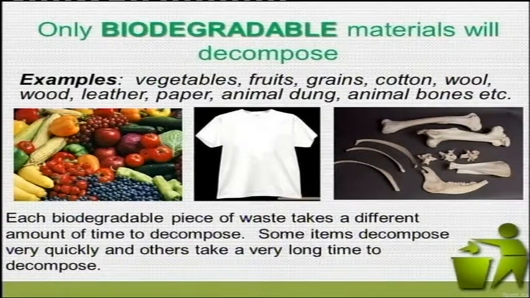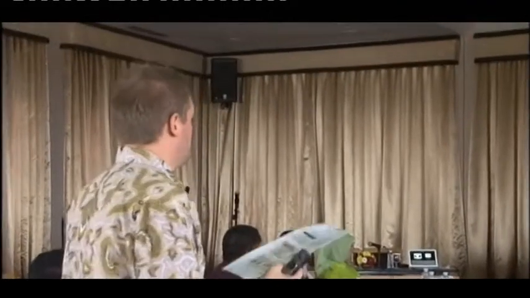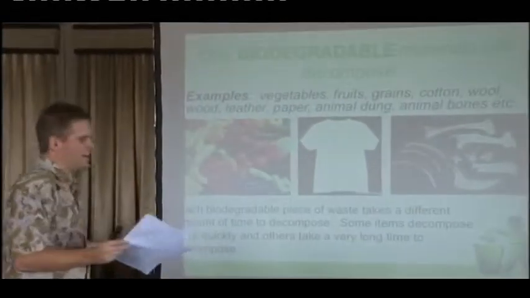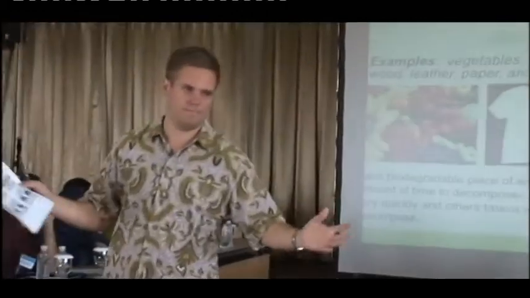A few examples: vegetables, fruits, grains, cotton, wool, wood, leather, paper, animal bones, etc. All of these items will naturally recycle themselves. Now, each biodegradable piece of waste takes a different amount of time to decompose. Some items take very little time, and some items take a long time.